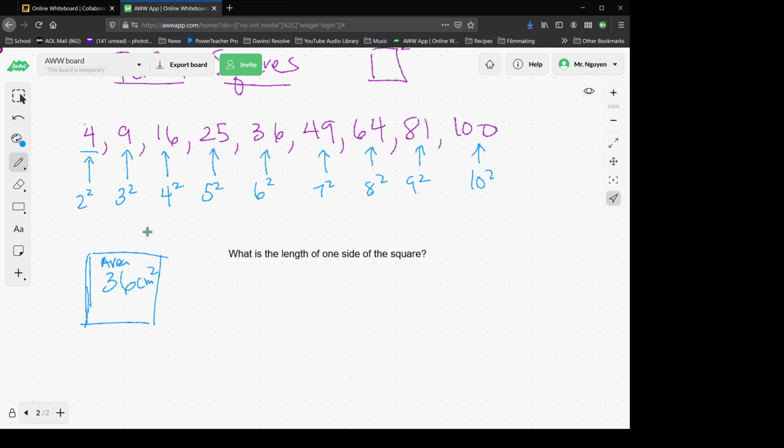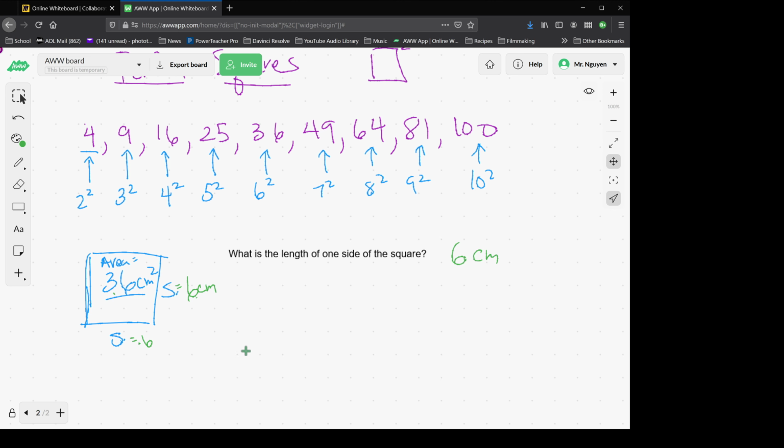If the area is 36, and we know the area of a square is side times side, we're looking for a number that multiplies by itself to give you 36. Isn't that just 6? 6 times 6 will give me 36. So it'll be 6 centimeters.